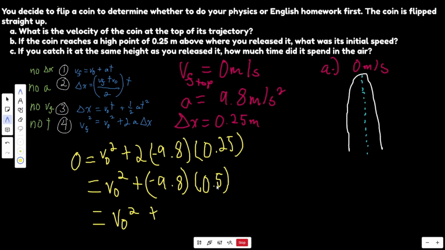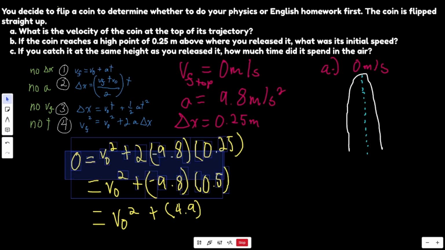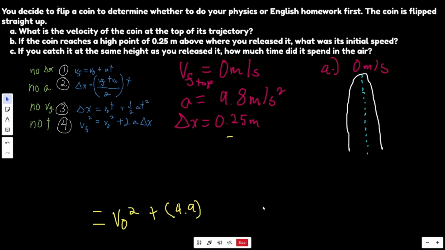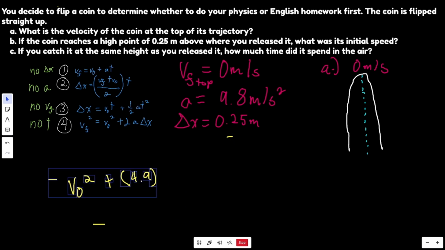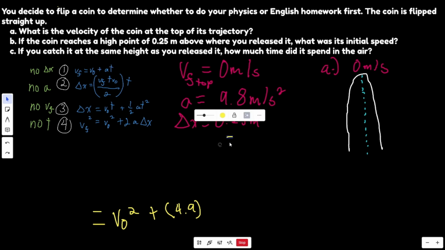This is essentially 1/2, so we're just going to divide 9.8 by 2, so that will give us 4.9. So that's plus 4.9. And now what are we going to do? We're just going to flip it to the other side. We're going to switch the 4.9 to the other side so that we can leave initial velocity alone over here. So let's remove this upper portion, and we're going to move our working equation to the other side.